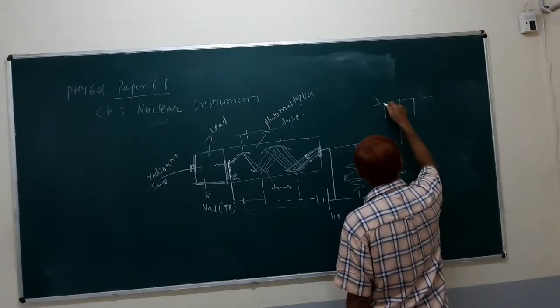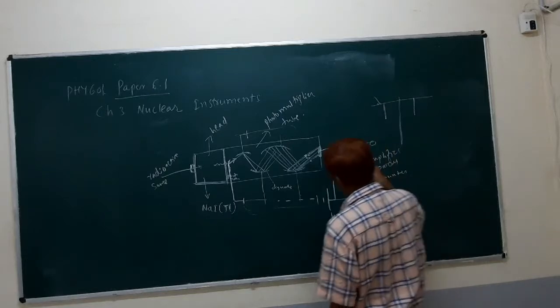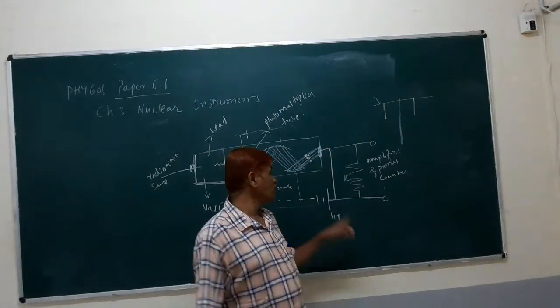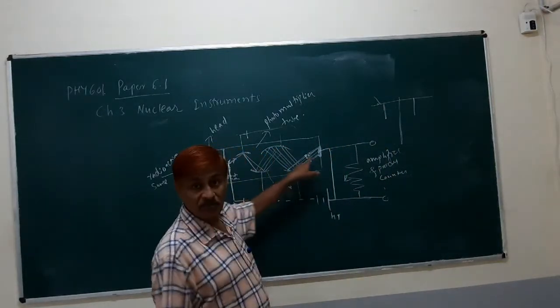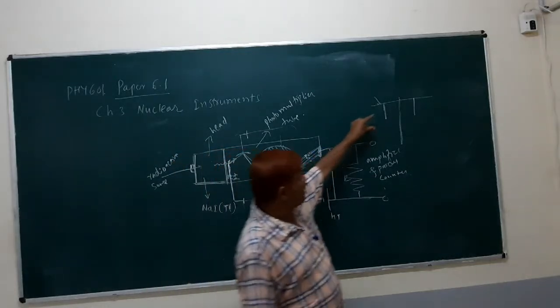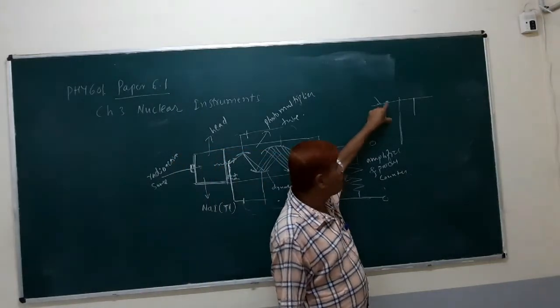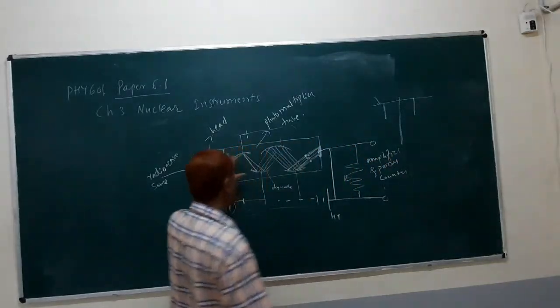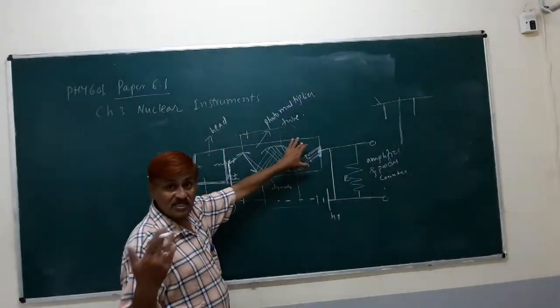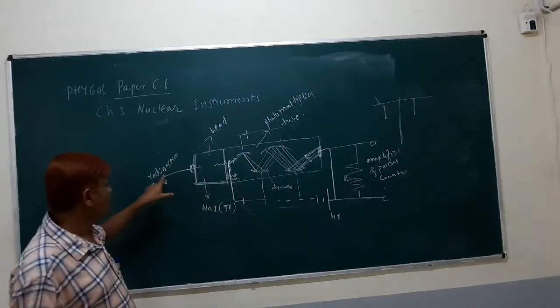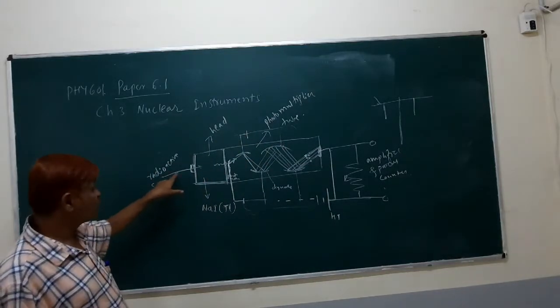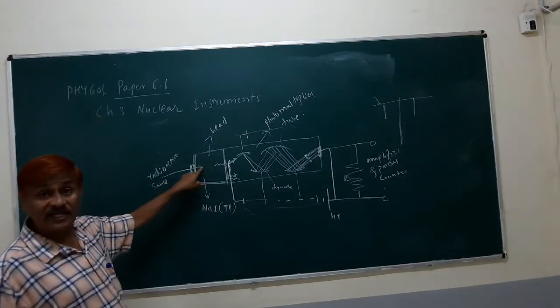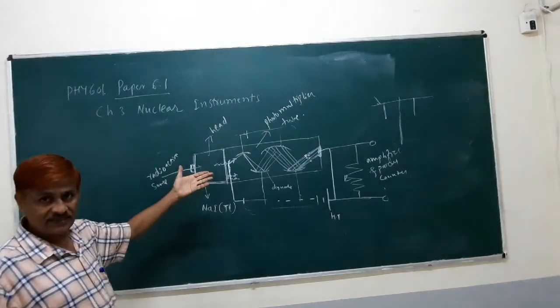Depending upon the energy, if the energy is less, the height of the current produced is less, because there are fewer electrons, so less voltage drop. If you get more voltage drop, then the electron bunch consists of more electrons, because the radioactive radiation entering is energetic.